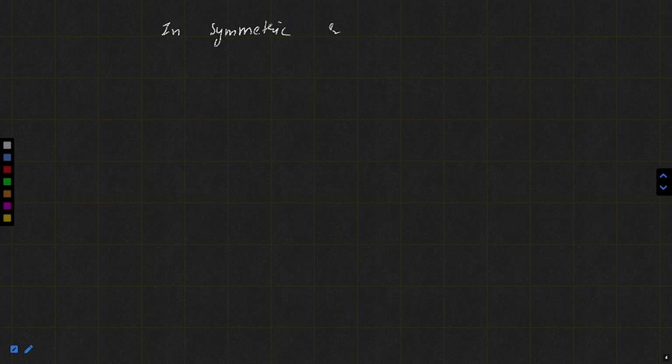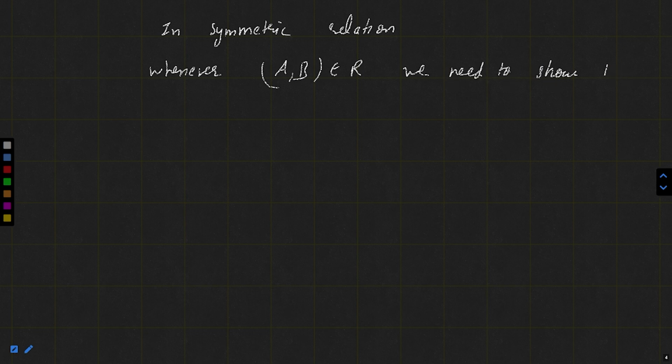But if you try to see in symmetric relation, what we need is whenever A, B belongs to R, we need to show that B comma A also belongs to the relation R. Okay.